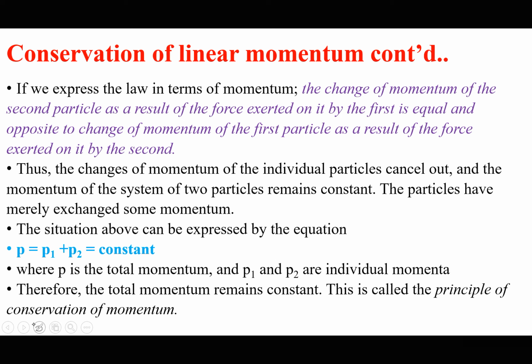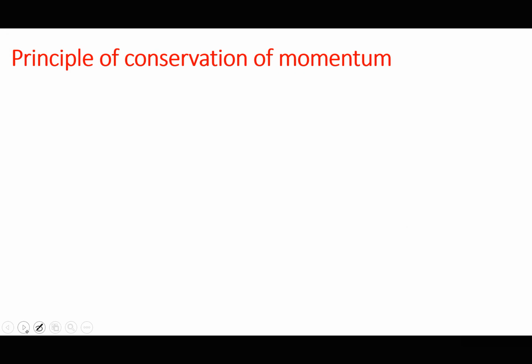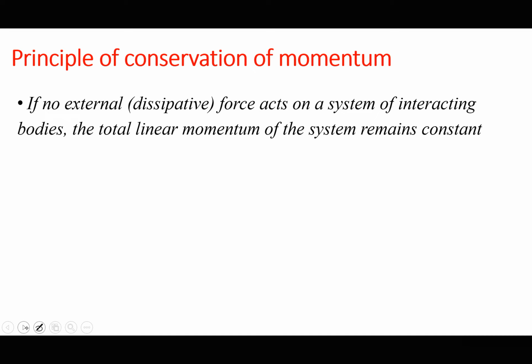So for examination purposes, how do we state the principle of conservation of momentum? If no external dissipative forces act on a system of interacting bodies, the total linear momentum of the system remains constant. That is the easiest way to state the principle of conservation of momentum.